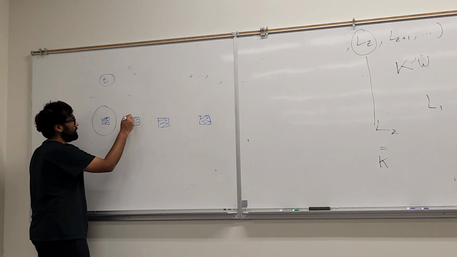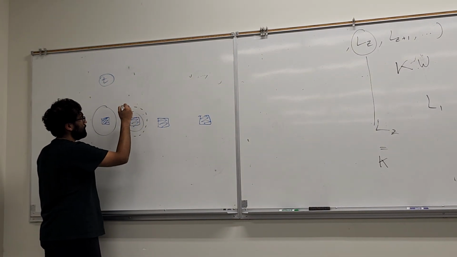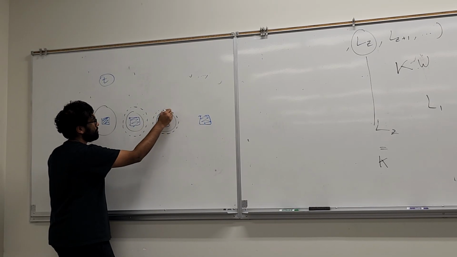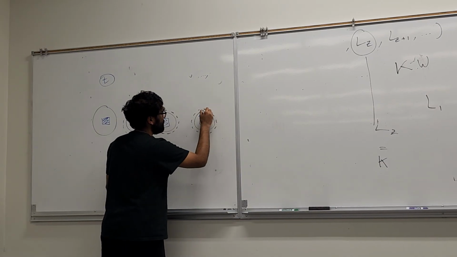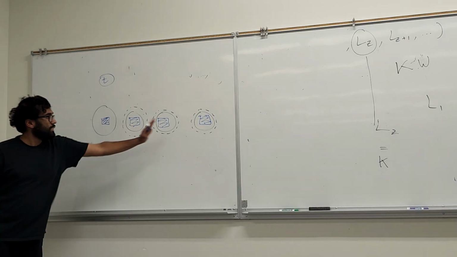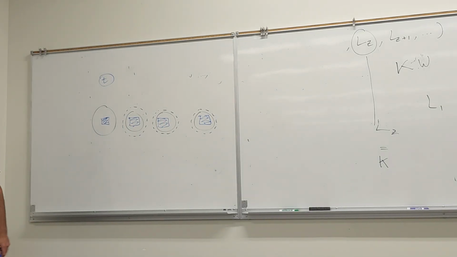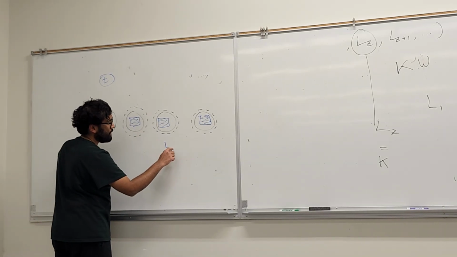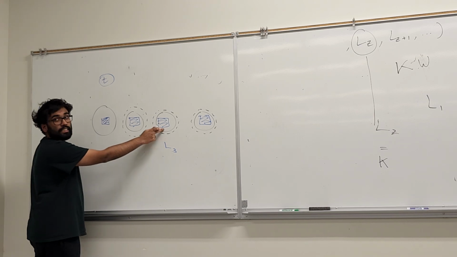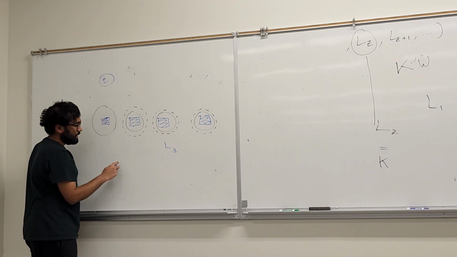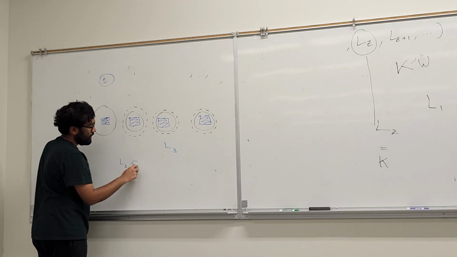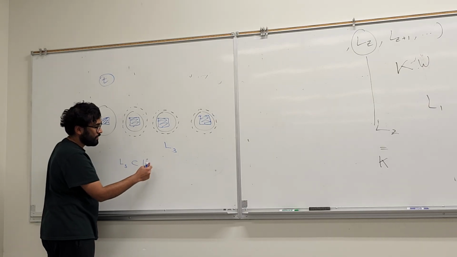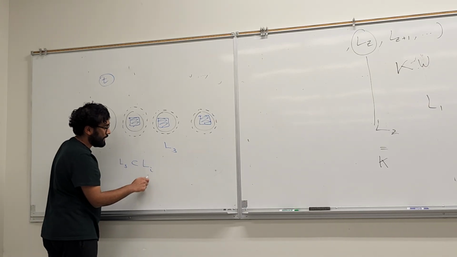So if this is L1, and this is smaller than this, then this set is a strictly critical set, because consider language L3: L3 is consistent with the data, plus L3 is a strict subset of all languages before L3 which were also consistent with the data.